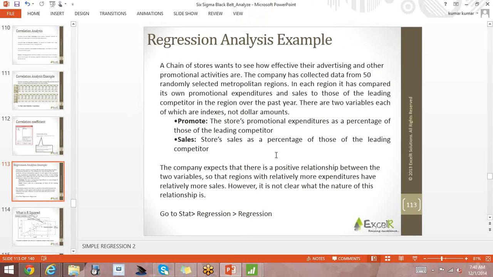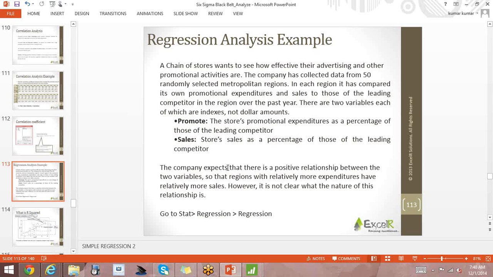Dollar amounts are not given; some index, some calculation is given. Promote is the store's promotional expenditures as a percentage of those of the leading competitor. Sales is the store's sales as a percentage of those of the leading competitor. So you are giving sales as a percentage in comparison to the other competitors. Promotions also, you are giving the expenditures in relation to the other competitors.